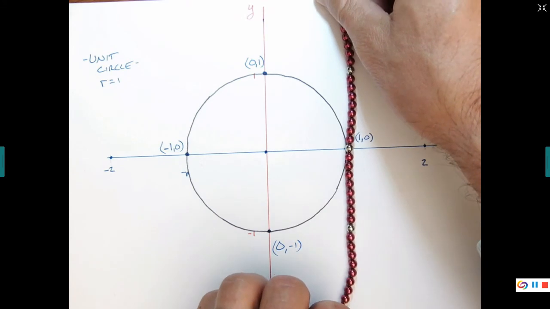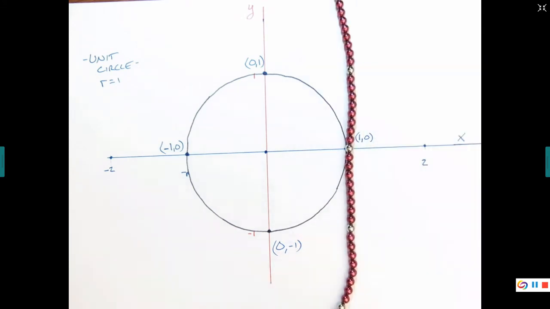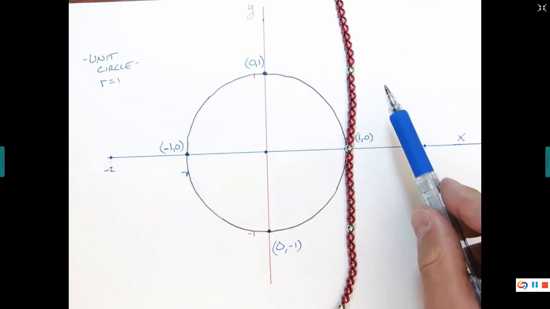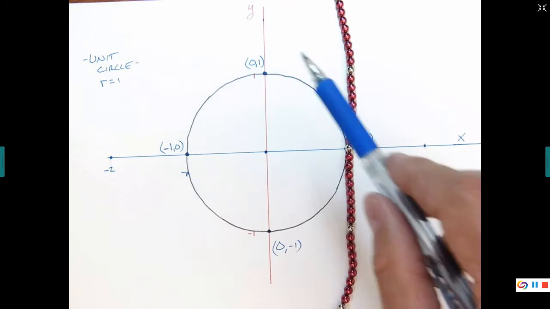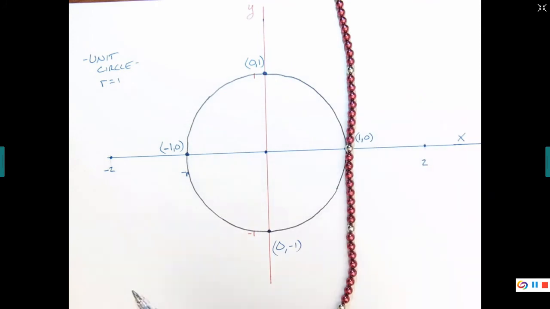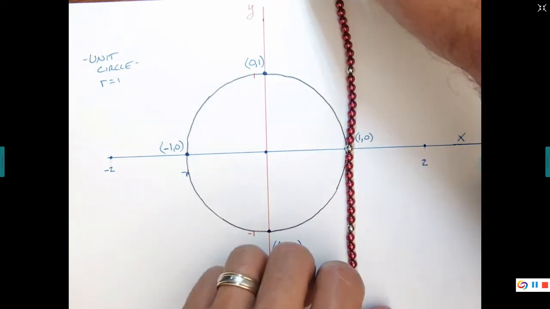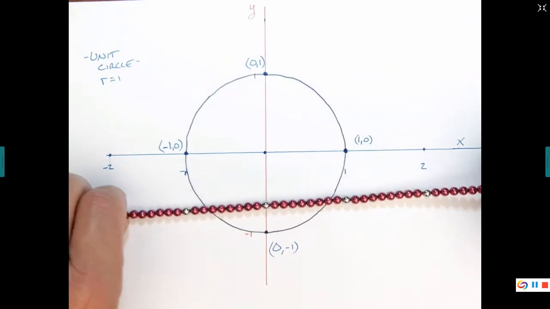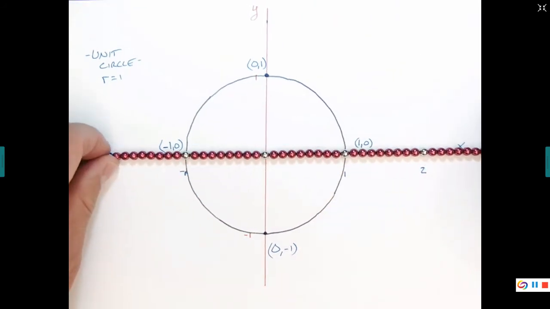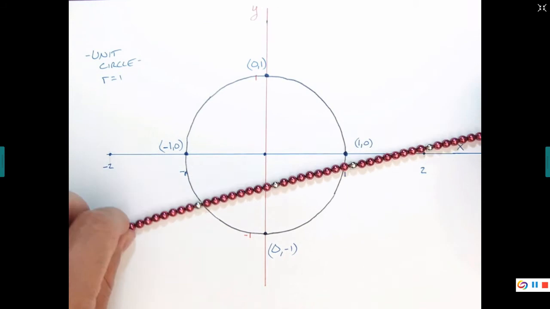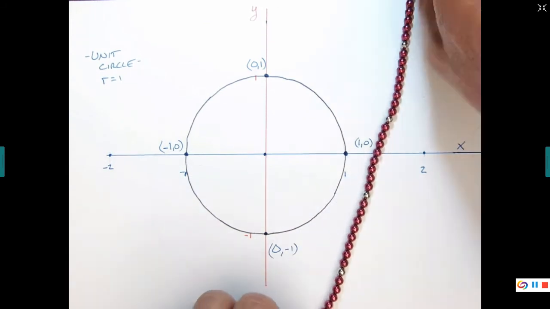And what I'll do is I'll wrap this real number line around, positive direction this way, negative direction this way. So again, just watch that rotate around. Take my real number line. I'm going to wrap it around my circle.